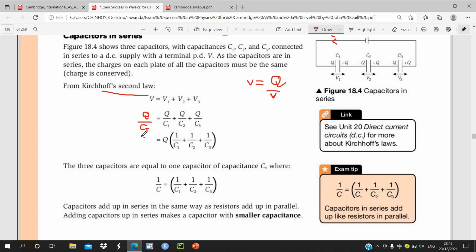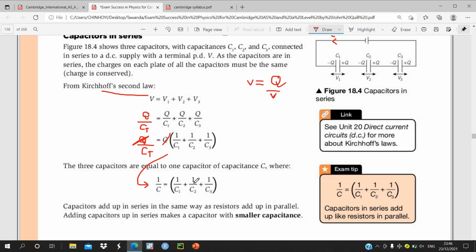If we divide throughout by the charge, we cancel this charge and this charge, and we remain with this expression: 1 over total capacitance is equal to 1 over capacitance 1 plus 1 over capacitance 2 plus 1 over capacitance 3. Remember this formula in DC circuits, whereby we are saying capacitors add up in series in the same way as resistors add up in parallel.